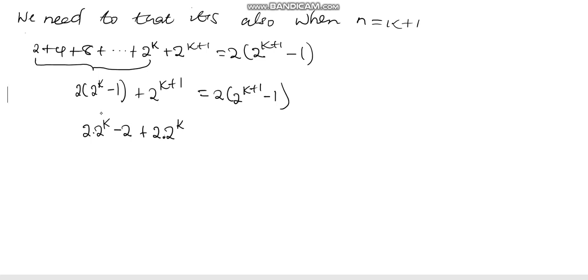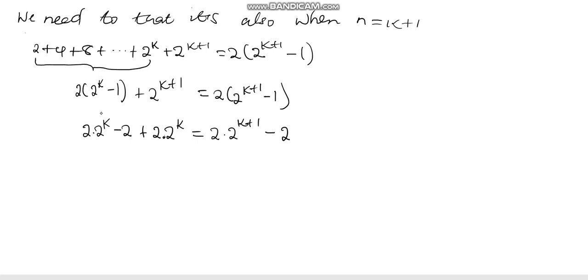So this here is equal to 2 to the power k plus 1, since 2 multiplied by 2 gives that, minus 2 like this here.